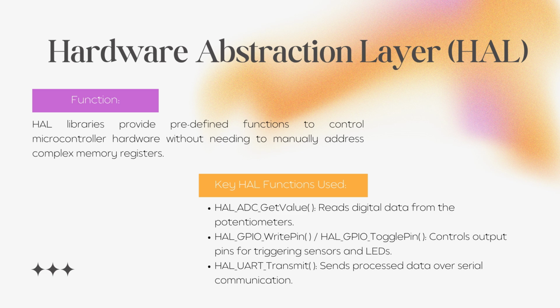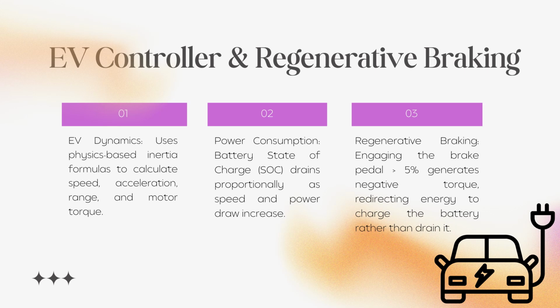the outside world. Once we read the analog pedals, we apply a physics-based inertia model in our C code. We calculate the motor's torque, the resulting acceleration, and the vehicle speed. As the speed increases, the code calculates the power consumed and actively drains the battery's state of charge.